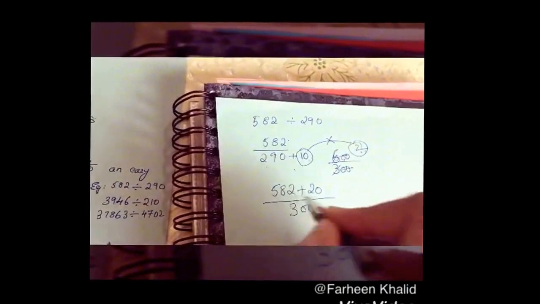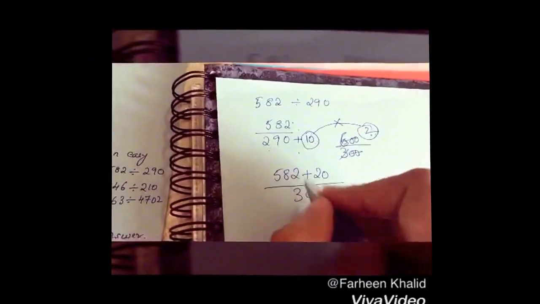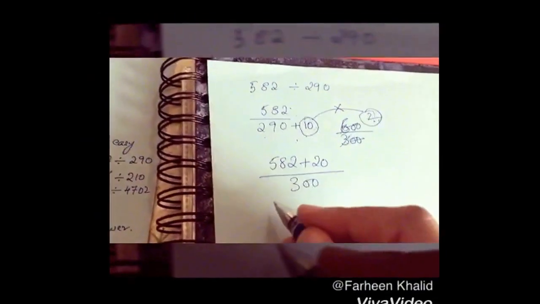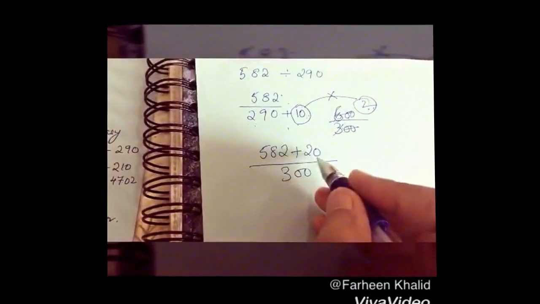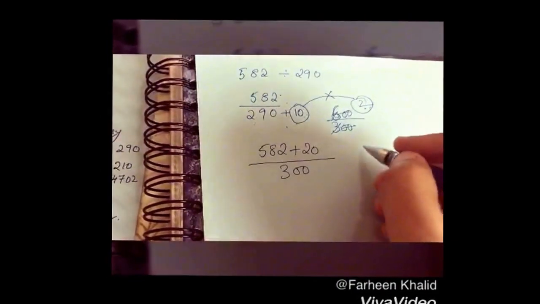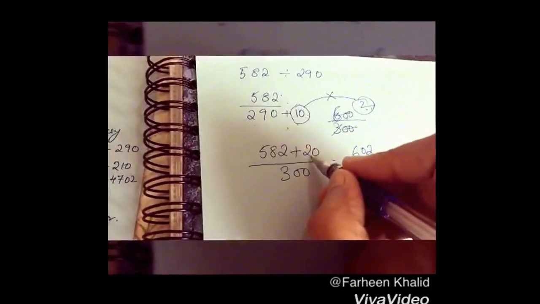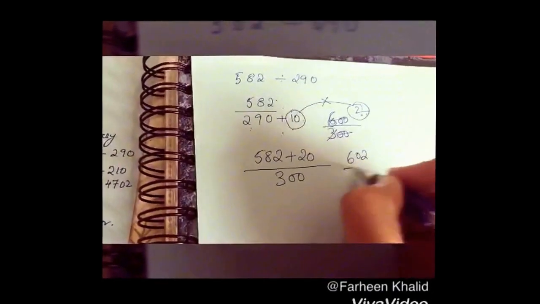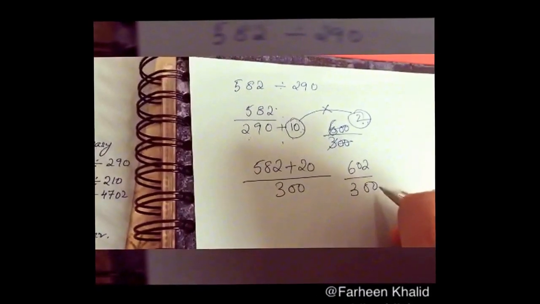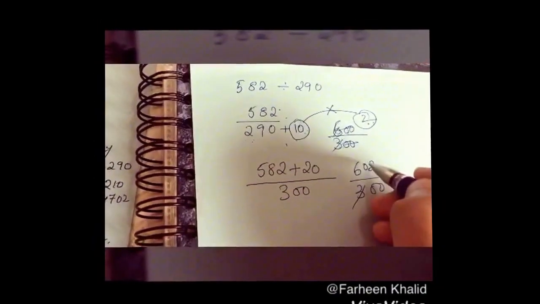So that's your new question, which is much simpler to answer than this one, right? So how much does this become? This becomes 602, right? Am I right? 602 divided by 300. So we just have to divide by 3.